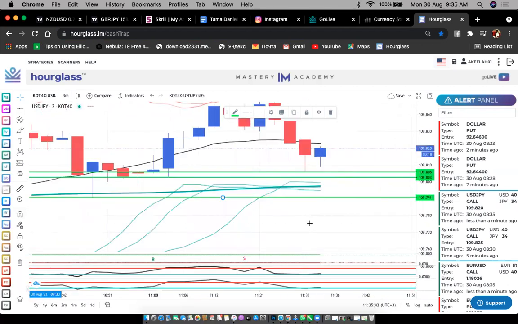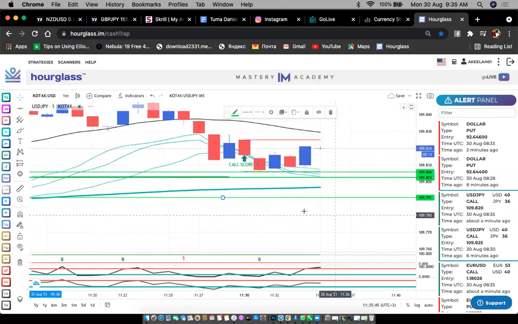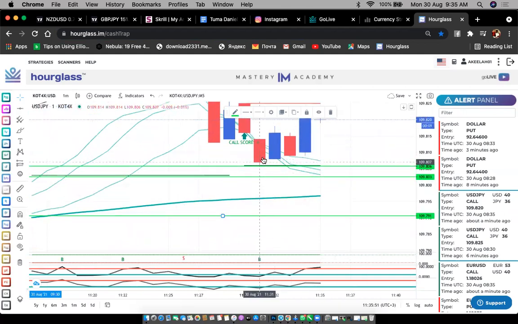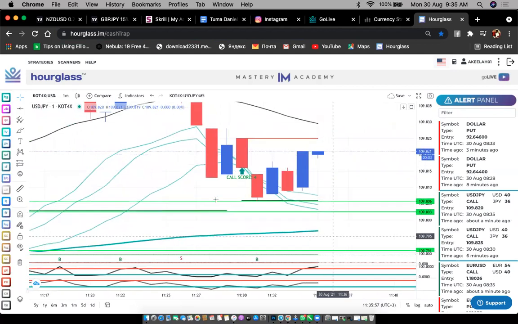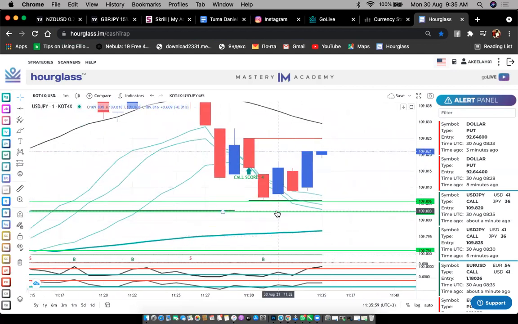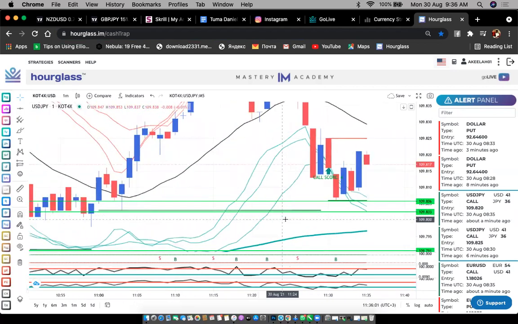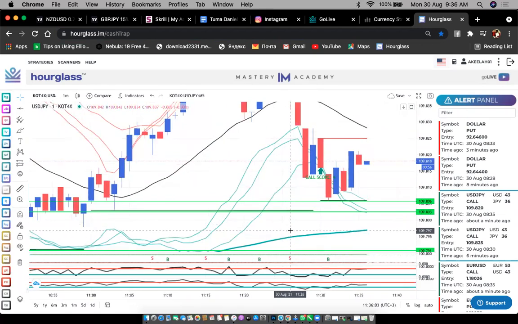So now let's come down. You see this? Let's come to 1 minute. Can you see that it's a candle? Yes, we're seeing our trade at this green line. Can you see that it's a normal candle? Yes. So that's why sometimes that tip of the candle is important. Does that make sense?